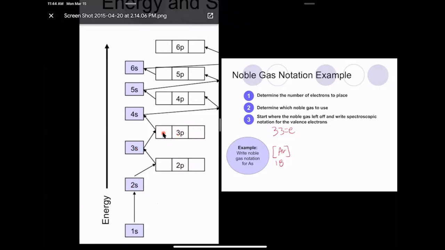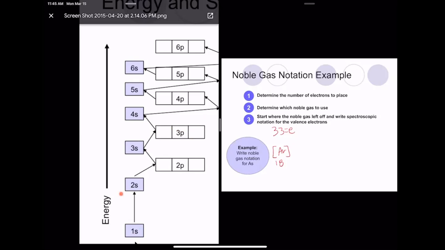So that's at 3p. So basically everything including 3p and below is all filled up by just writing argon, Ar.